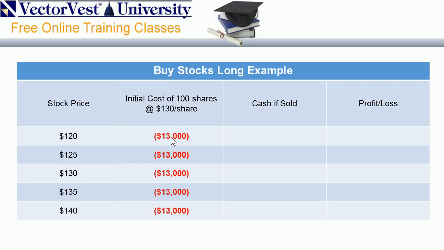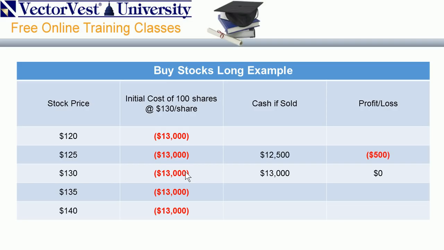If we buy 100 shares, it's going to cost us $13,000, not including commissions. So let's quickly fill in the other two columns. Well, if I were to sell my 100 shares of Apple right at $130, I would take in my $13,000 and I would have zero profit or loss, right? There would be a flat trade there. Again, not taking into account commissions.